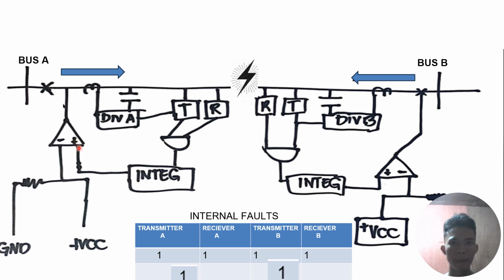When the output signal of the integrator is higher than the set value given by the comparator, meaning if the integrating circuit produces 8 volts and the comparator is set to 7 volts, it will pass its threshold value, then the trip circuit is triggered, and it will now detect and isolate the transmission line.